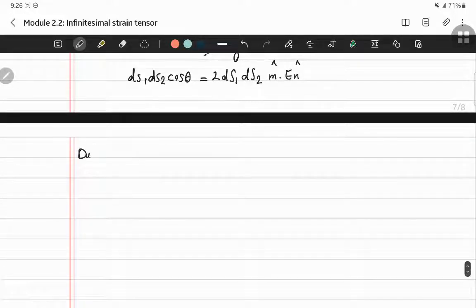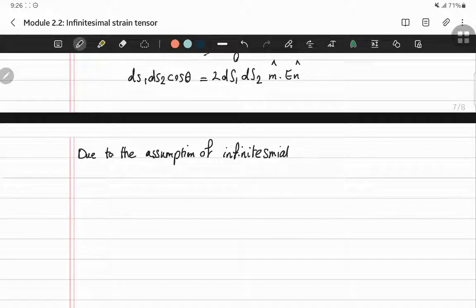So due to the assumption of infinitesimal strains or deformation, it's better to say, we can say that ds1 to ds1 is approximately equal to ds2 to ds2 ratio is equal to 1. So these are equal to each other. They're approximately equal to 1.